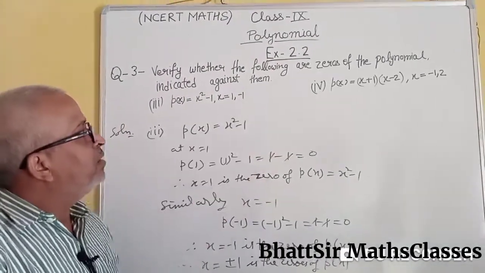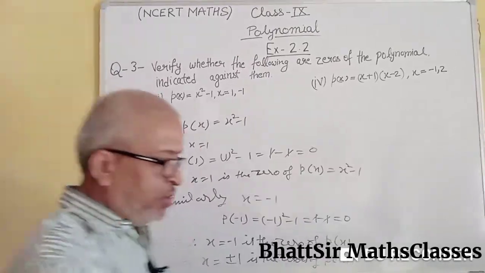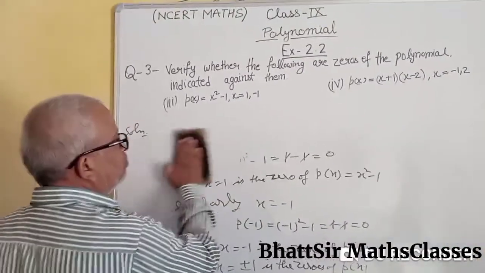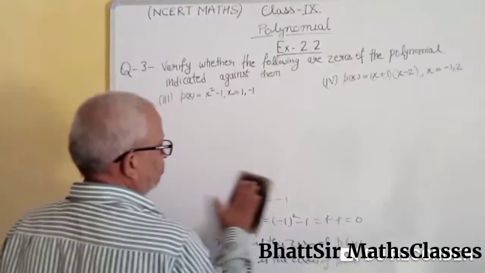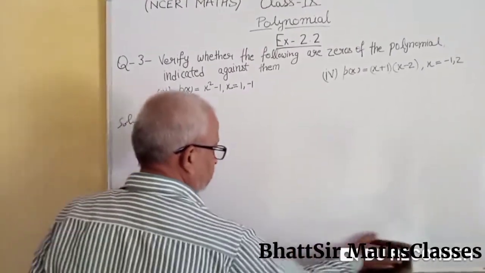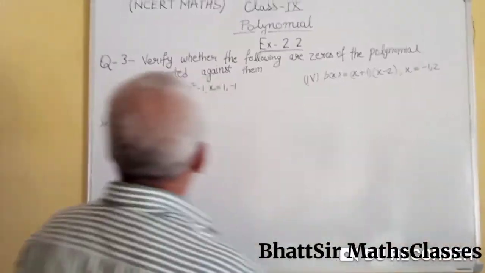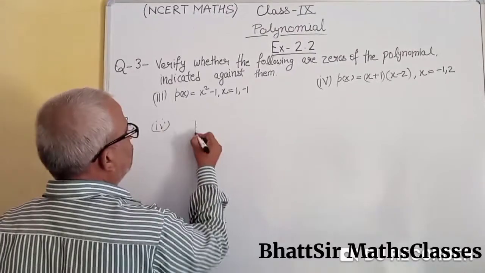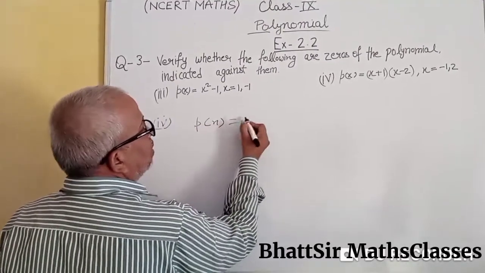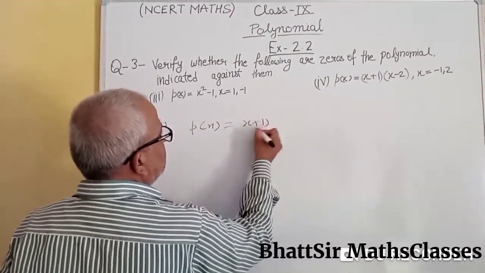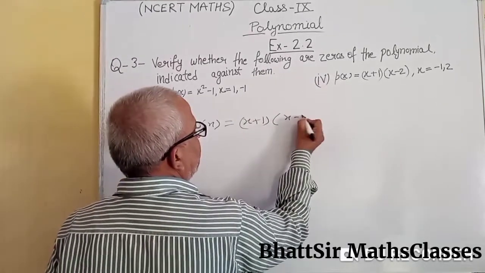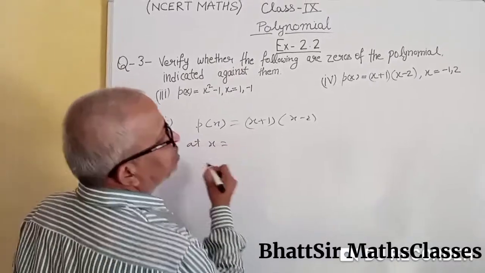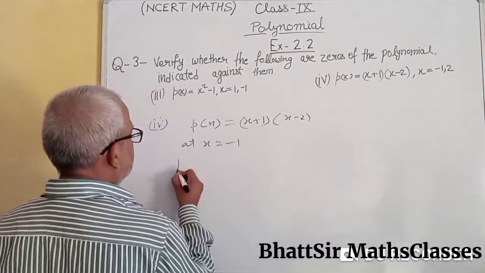I am explaining question number 3, fourth part. I am giving the solution. P(x) equal to (x plus 1)(x minus 2) at x equal to minus 1.